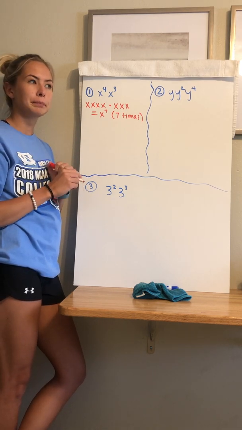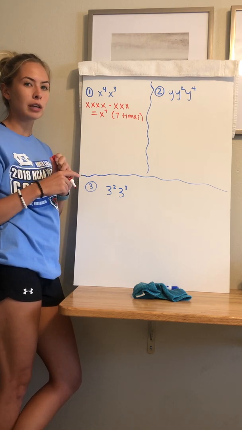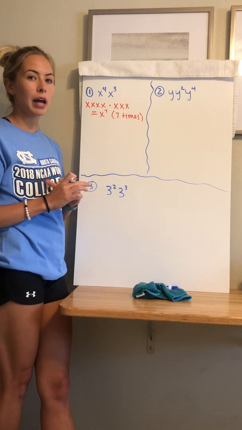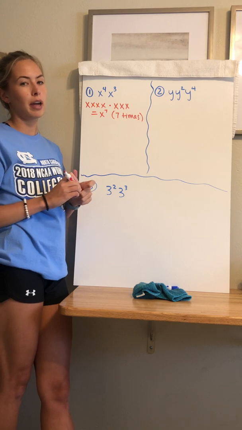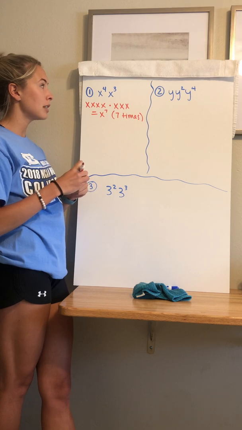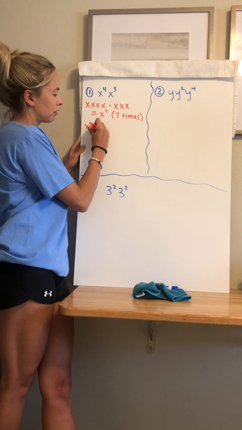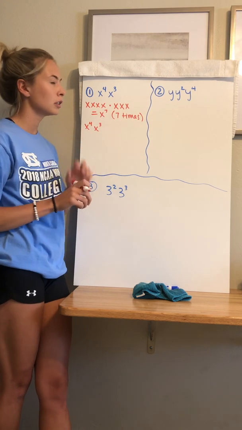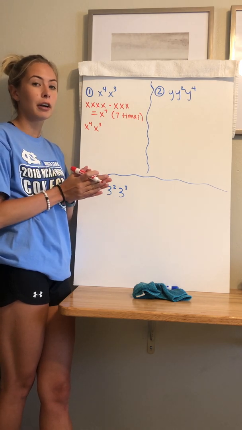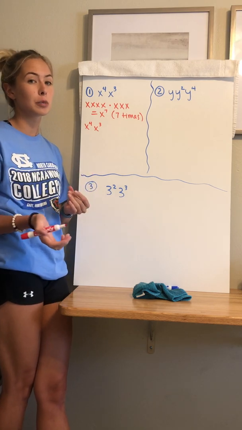Now we're going to take a look at the rule. If you looked at the worked example, it might help you out a little bit, but the rule applies only if we're multiplying exponential expressions with the same base. So keep that in mind. These do have the same base and they're being multiplied together. Our rule is that if they have the same base and they're being multiplied together, your exponents can be added together to get your simplified expression.